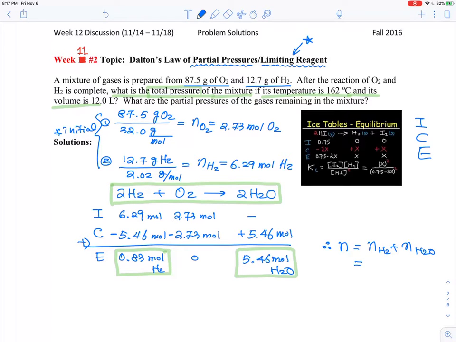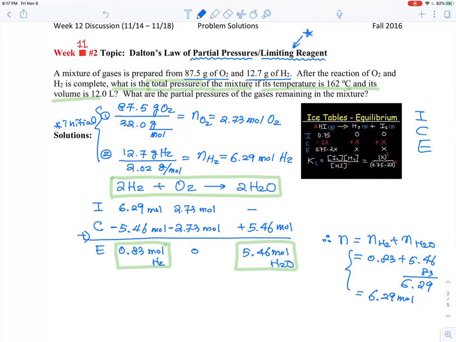That can be added up: 0.83 plus 5.46. Therefore the total number of moles is 6.29 moles. Okay, so that's what I can see.